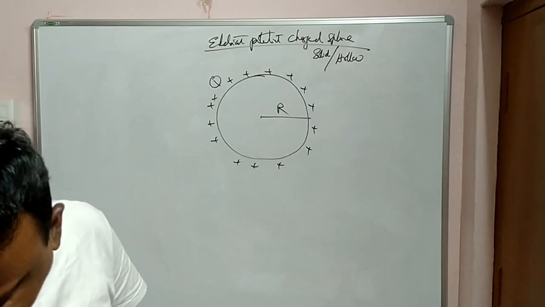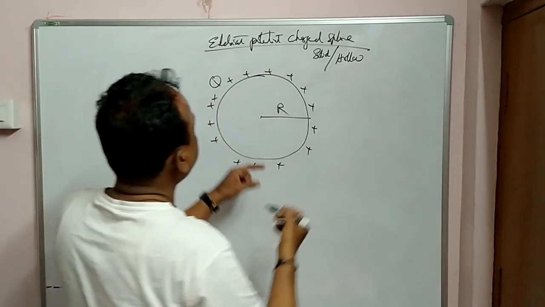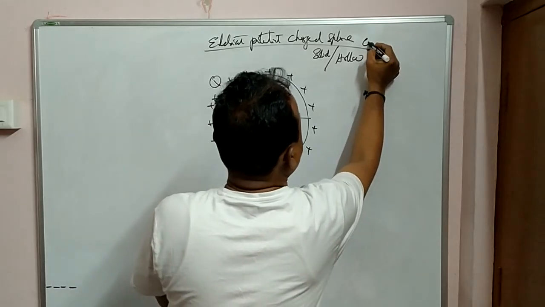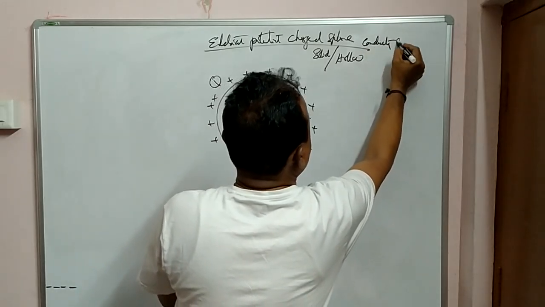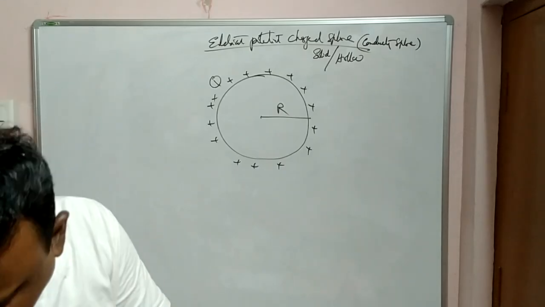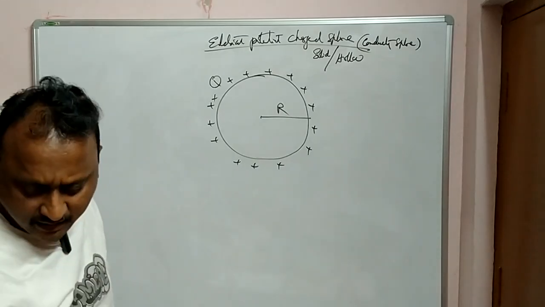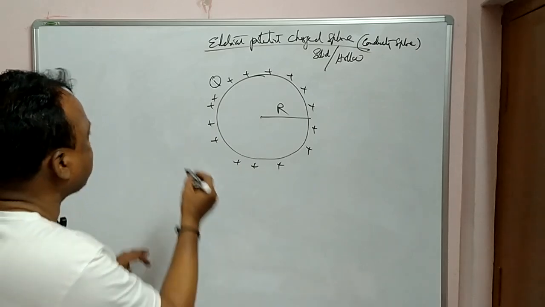In such cases, and of course it is a conducting sphere, as I told you for electric potential. In such cases we will try to calculate what is the potential.